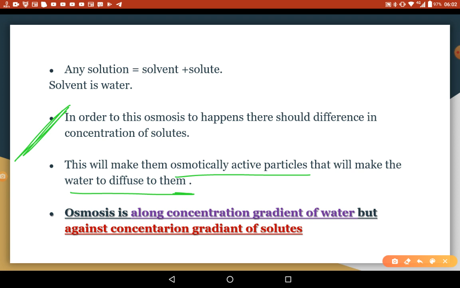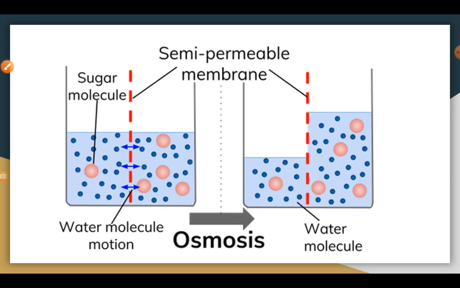So osmosis is along the concentration gradient of water, but against the concentration gradient of solutes. This is a very important point to focus on. As we see again in this picture, from a region of low solute concentration to a region of high solute concentration.